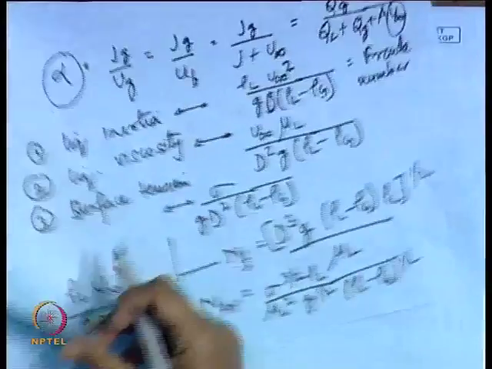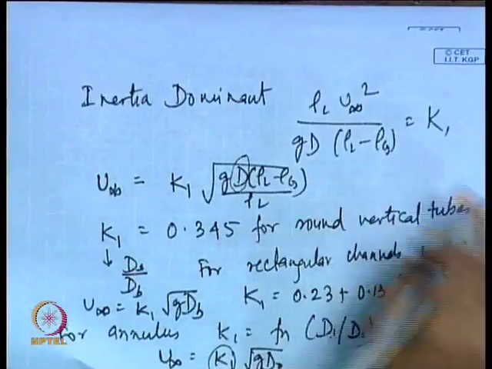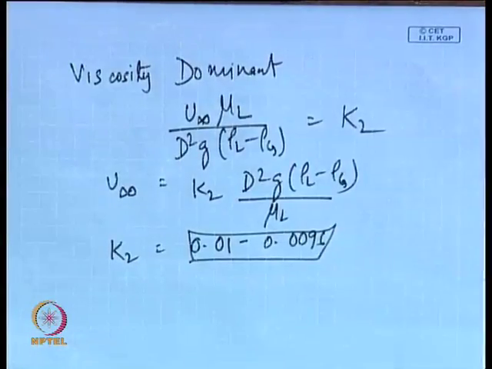Inertia dominant, I have already told you, this particular group, a Froude number, becomes important. When viscosity is dominant, this particular group becomes important. When surface tension is dominant, naturally the last group has to become important. But what happens when surface tension becomes important? Will the bubble move at all?